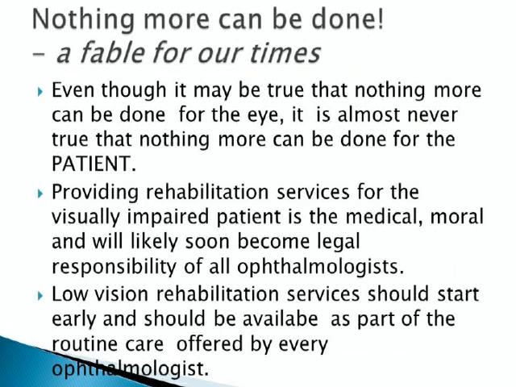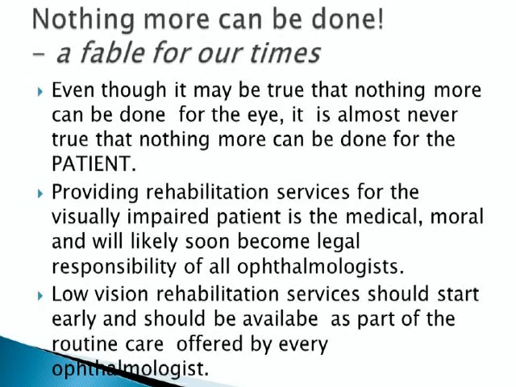And "nothing more can be done" is a fable of our times. Even though it may be true that nothing more can be done for the eye, it is almost never true that nothing more can be done for the patient. Providing rehabilitation services to visually impaired patients is the medical, moral, and will soon be the legal responsibility of all of us.